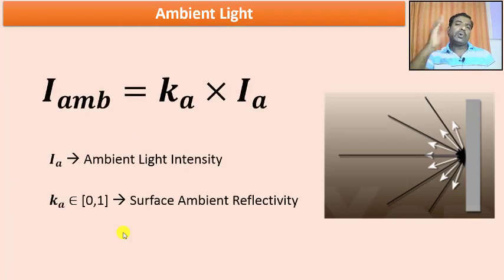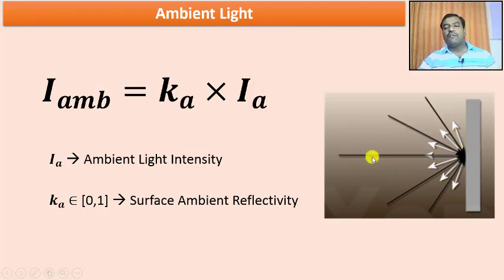So when I want to bring in the illumination, the reflection of an ambient light, this is the formula I'm going to use. I'm going to compute the intensity of ambient light in my scene, which is equated with the surface ambient reflection, the amount of reflection the surface can make, multiplied with the intensity of the light.